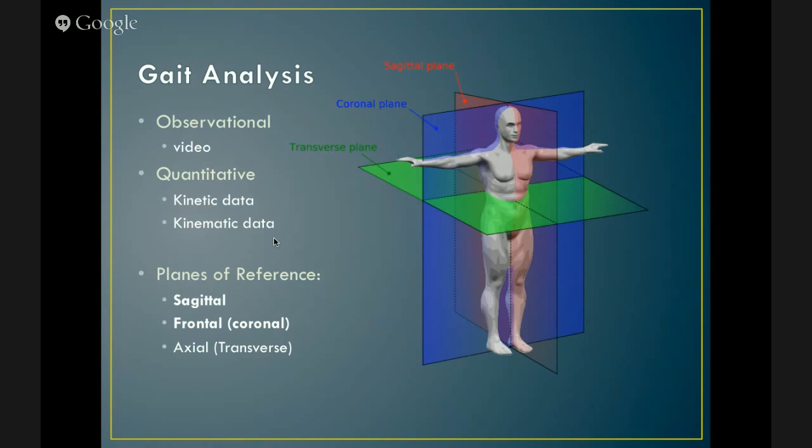Always remember that in order to get a good 3D idea of what's going on, you want to watch somebody walk, as far as observational gait, from the side as well as from either the front or the back, because different issues present themselves in different planes.